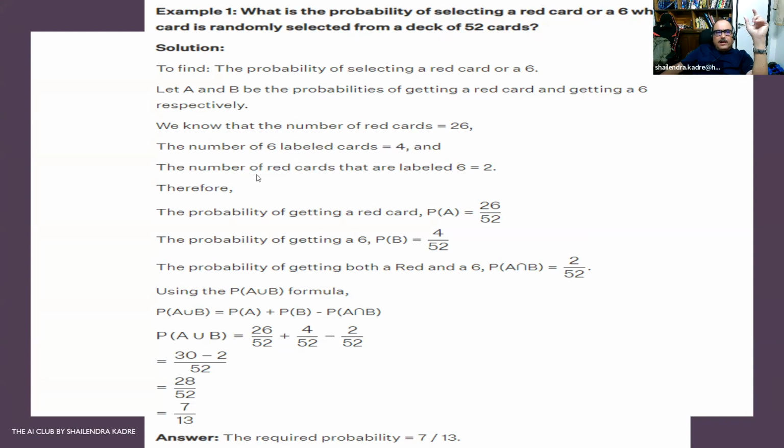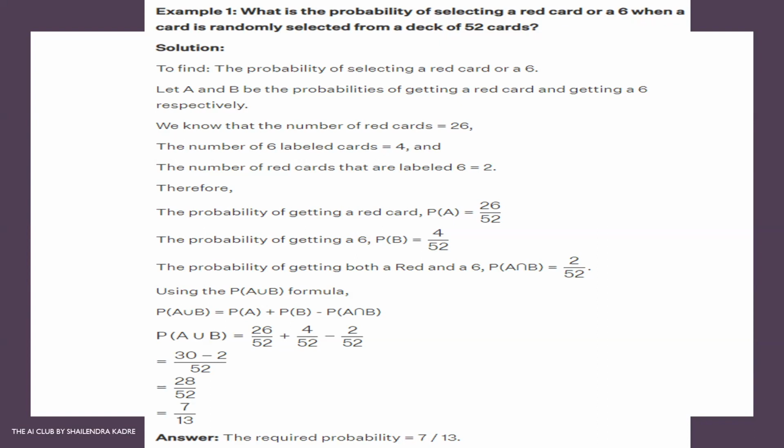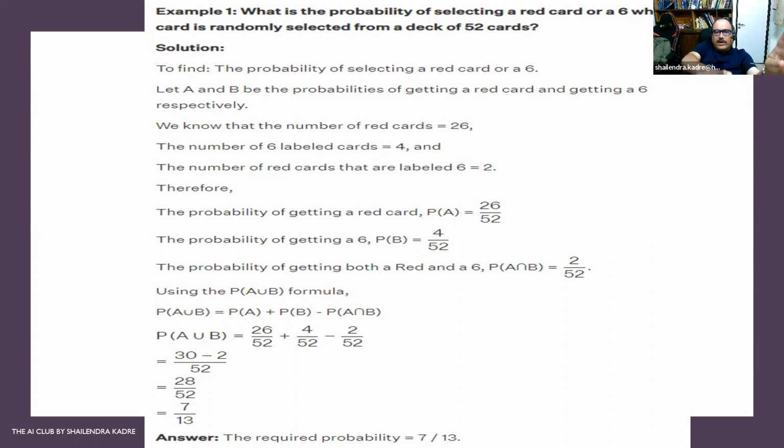The number of red cards that are also labeled 6 is 2. Let us assume that. You can see at home if you have a card deck: red cards with a 6 label on them will be 2.